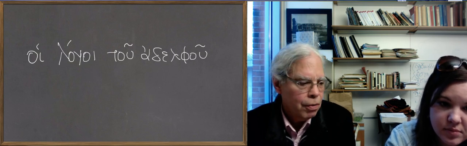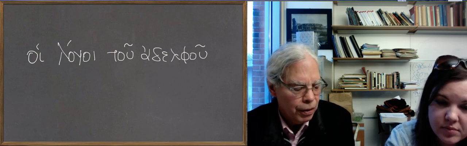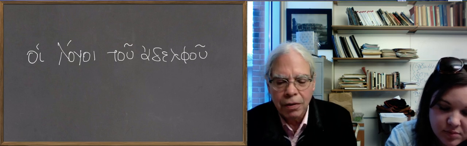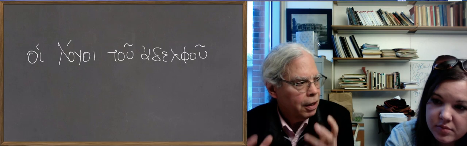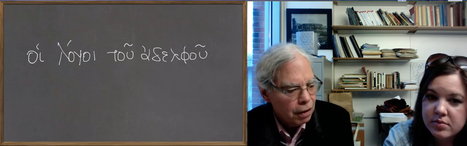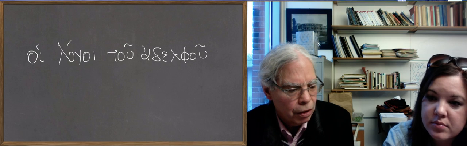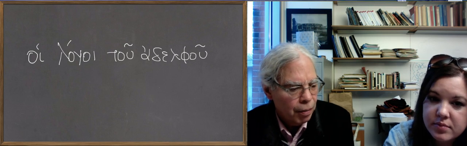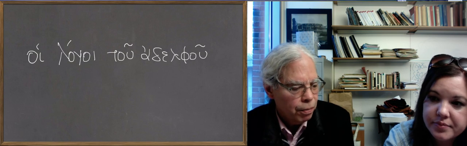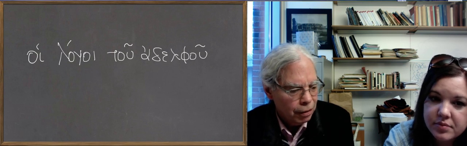But Greek can do a very interesting thing with the article. It can group expressions like the words of the brother. That's a little noun phrase, okay? That's a clump of language that goes together. So Greek can take the genitive of the brother, the modifier of the noun, right? It's specifying which words, and it can put it in two different places.